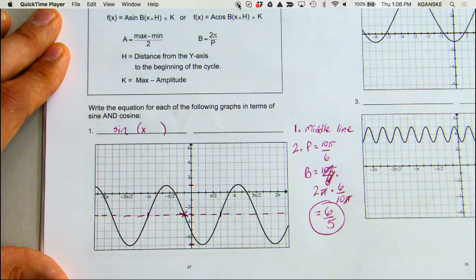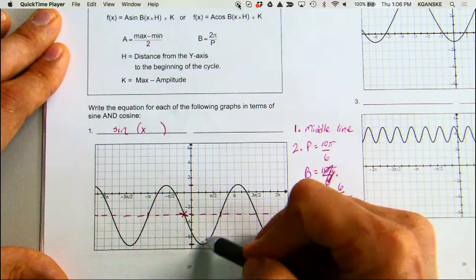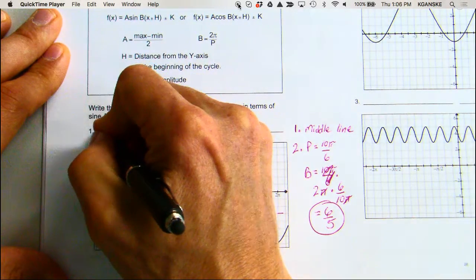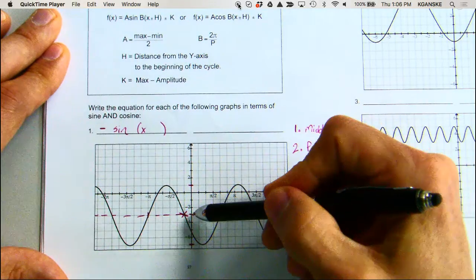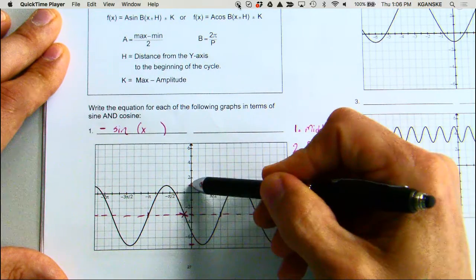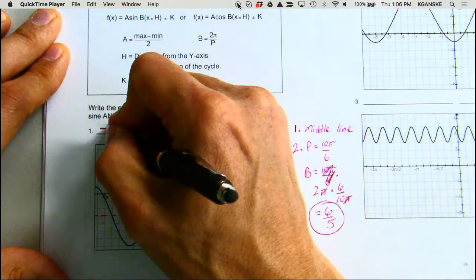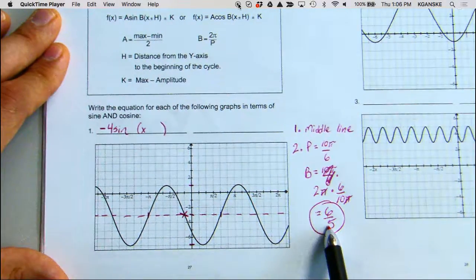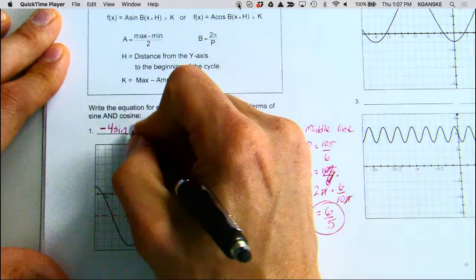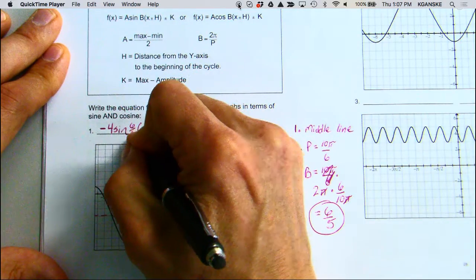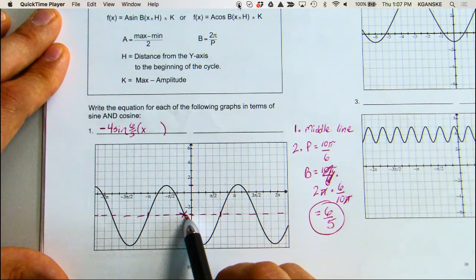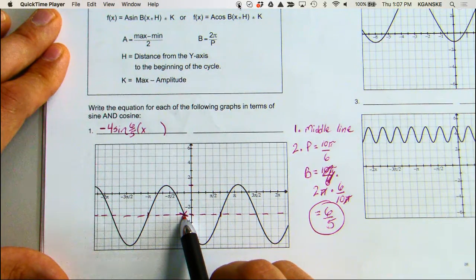Is this going to be a plus or a minus sine curve? Minus. Okay, so I can put a minus out in front. We already figured out our amplitude here, right? We know that it's 4. Okay? Our b is done here. So 6/5 can go in front of the x. And how much did I move to the left here? Pi over 6.